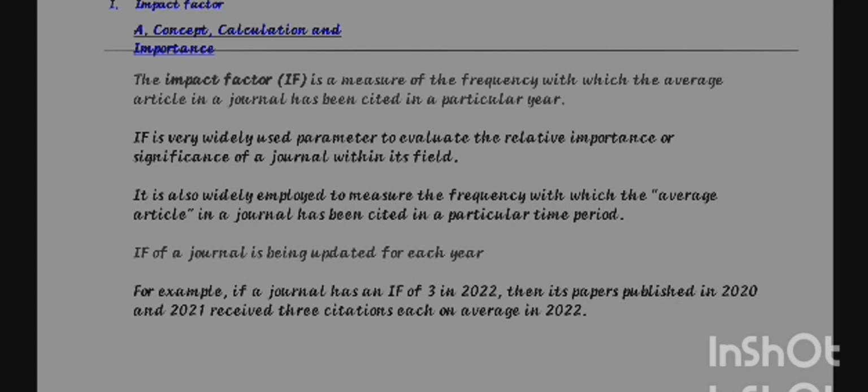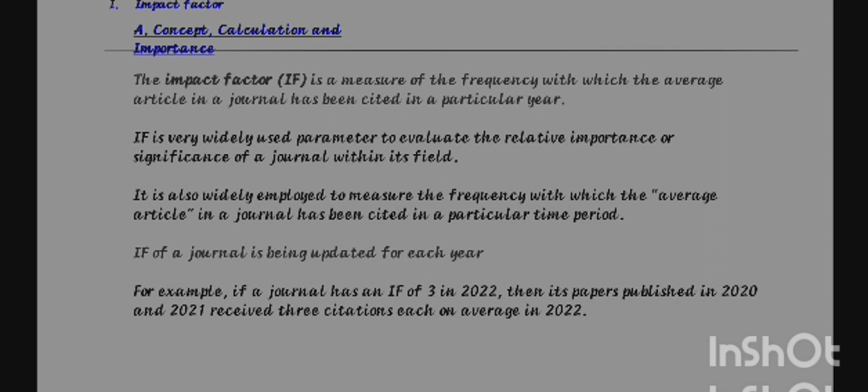It is widely used and helps us know the importance or significance of the journal in that particular field. It helps to know the value of the article on the basis of the number of times it was cited, and it is updated every year.